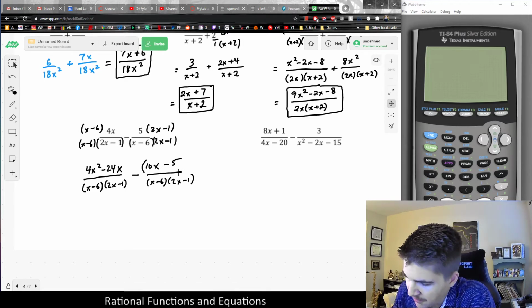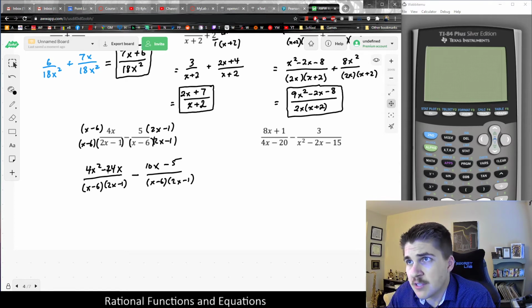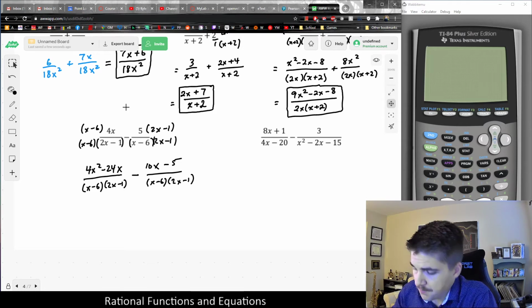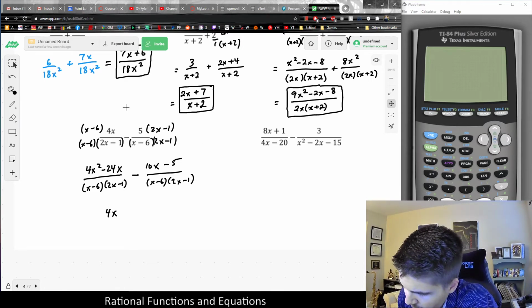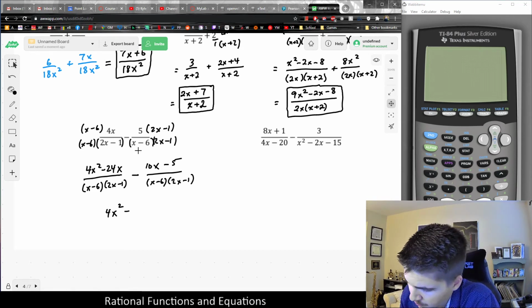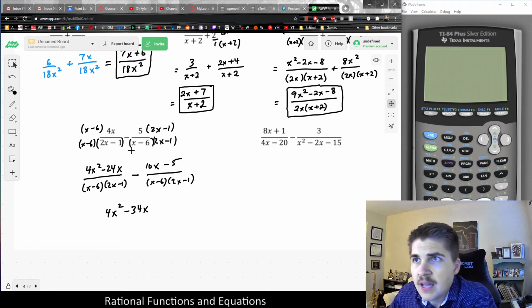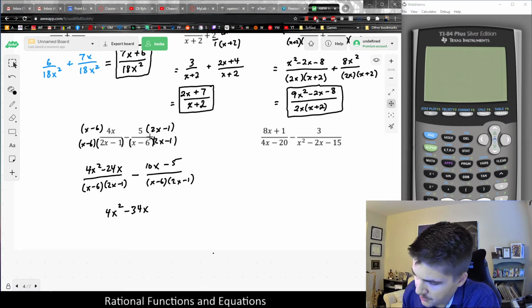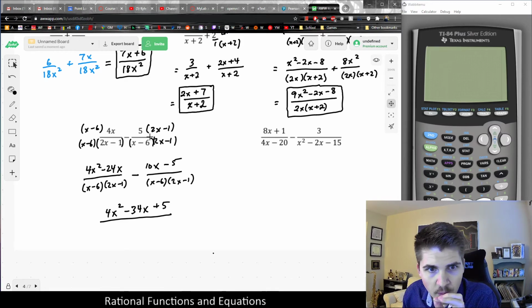So again, we don't have to write the parentheses, but it's helpful to remember because really this will be 4x squared minus 24x minus 10x plus 5 because this negative would distribute to both terms. So I'd have 4x squared and I have negative 24 minus 10x would be negative 34x, and then 0 plus 5 would just be plus 5. Very easy to forget those little details, so be very careful.